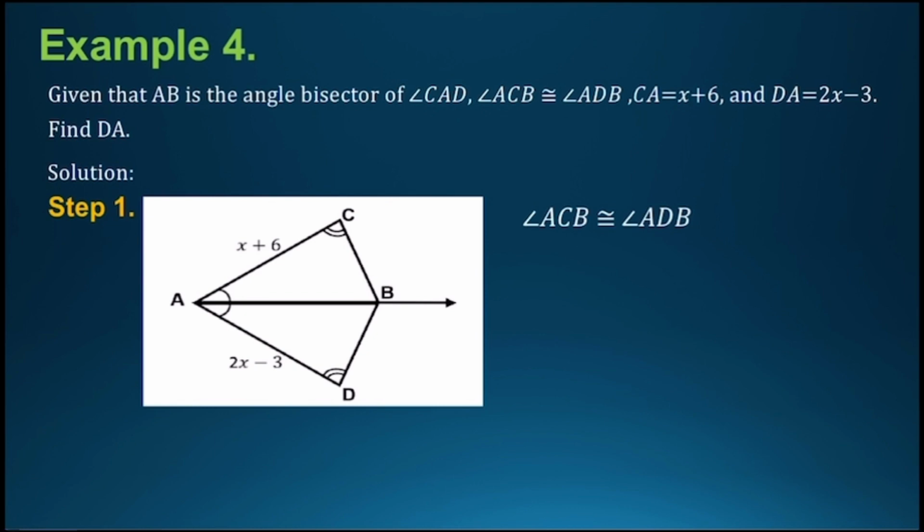So we have angle ACB is congruent to angle ADB as stated in the given. Next, angle CAB is congruent to angle DAB according to the definition of angle bisector.